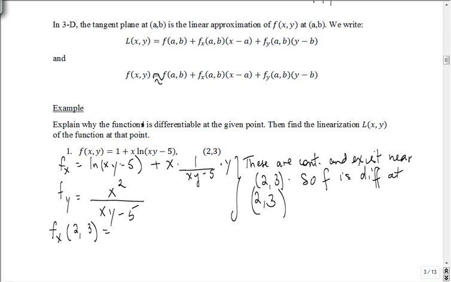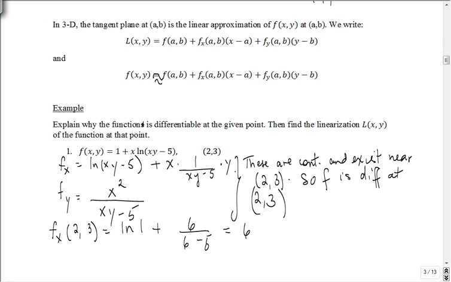equals, so put 2 for x and 3 for y. So we get natural log of 6 minus 5, the natural log of 1, plus xy, which is 6, over 6 minus 5. And that ends up being 6.